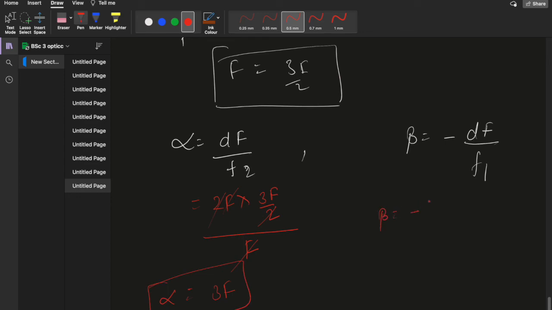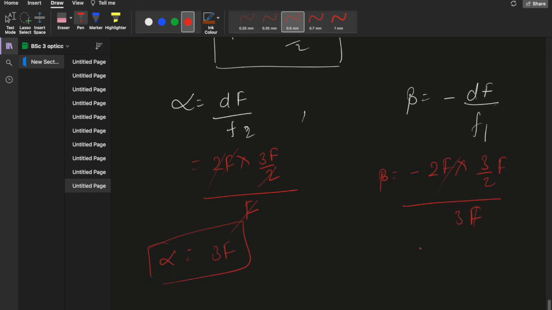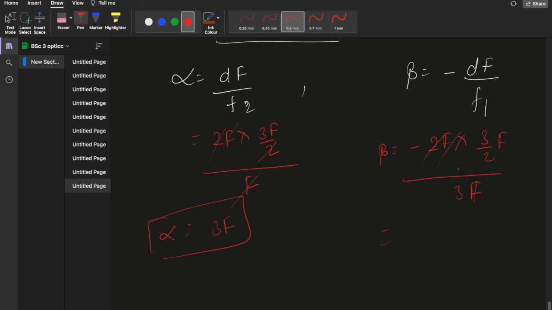And beta is minus d, which is 2f, multiplied by the equivalent focal length 3f upon 2, upon f1 which is 3f; the f cancels out and beta becomes minus f.